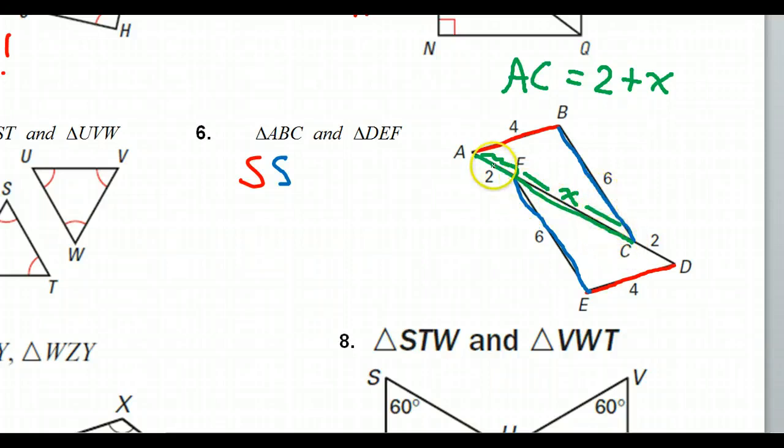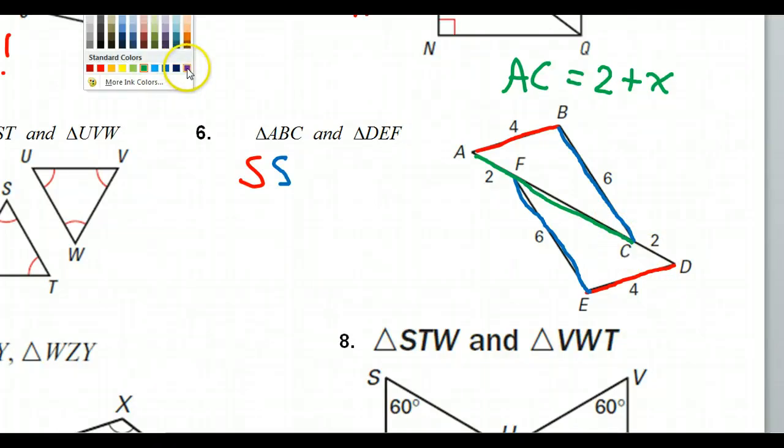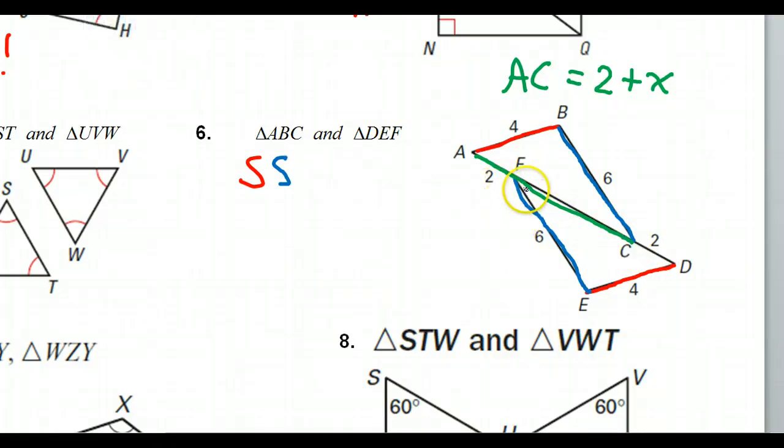Now, compare that to the other triangle. I think I'll go purple on this one. Compare that to this triangle that I'm coloring in purple right now. Look at that part of this triangle. Again, we have the 2 right here.